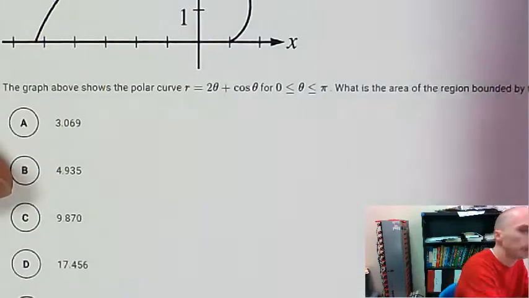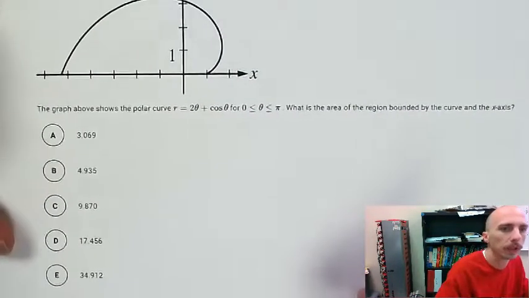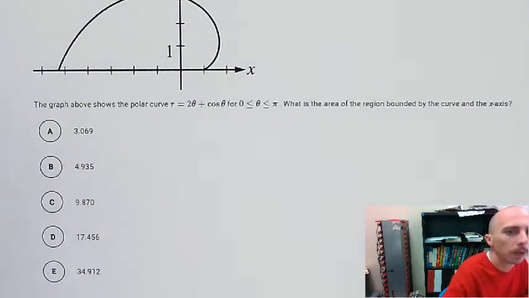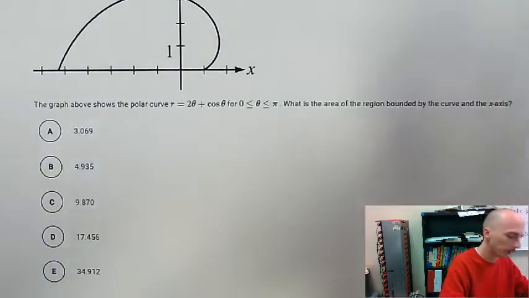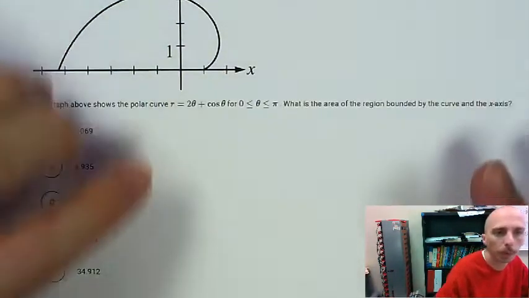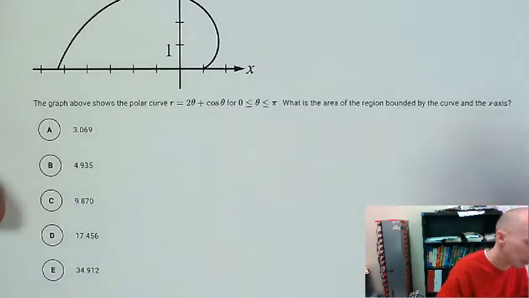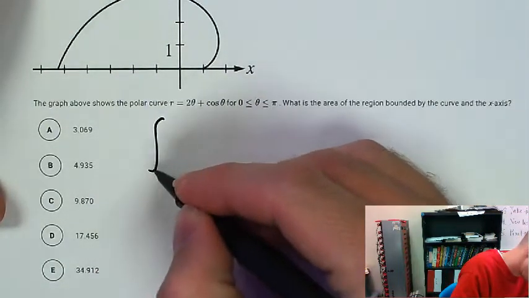Graph above shows, still zoomed in. Yeah, that's better. Shows the curve r equals 2 theta plus cosine theta between 0 and pi. Oh, okay, this is a calculator question. This one's just completely direct, right? We're just going to integrate 1/2 r squared d theta from 0 to pi. And we're going to use a calculator. Could not be friendlier.